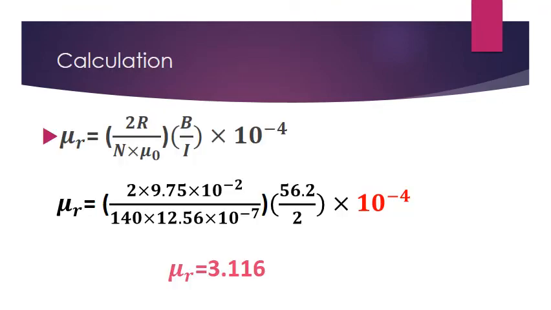Upon all measurements, first we shall calculate the relative permeability of a material by using the relation mu r is equal to 2r divided by n mu naught into B by I into 10 raised to power minus 4.